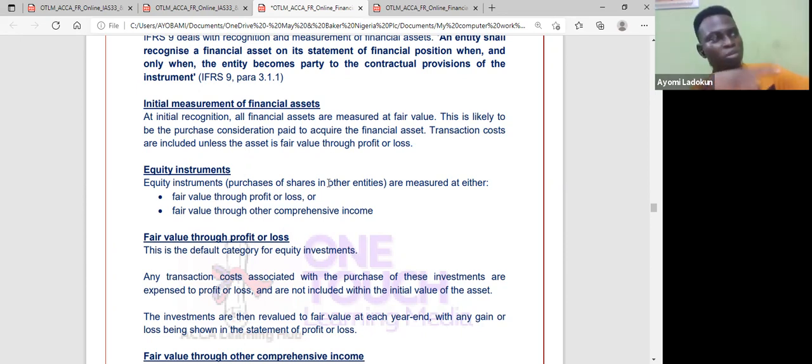So you either measure it at fair value through profit or loss, or fair value through other comprehensive income.